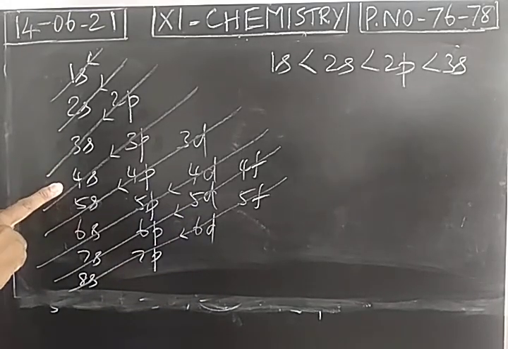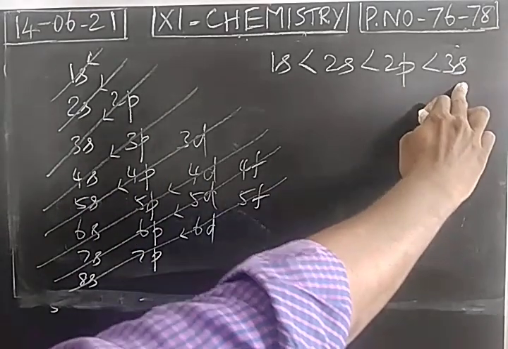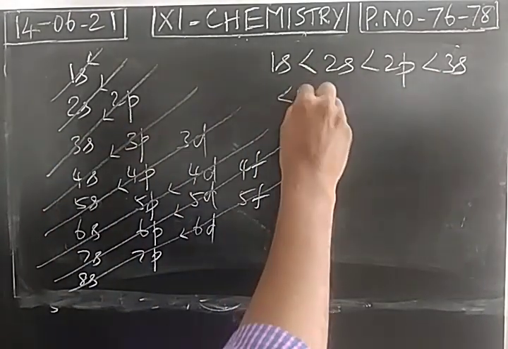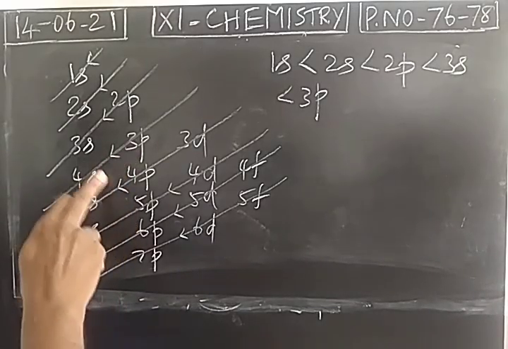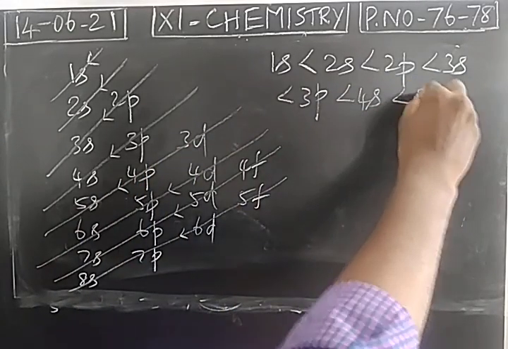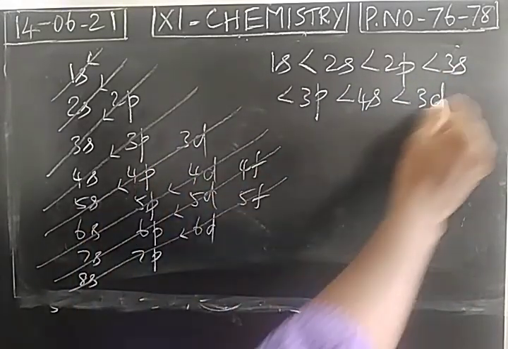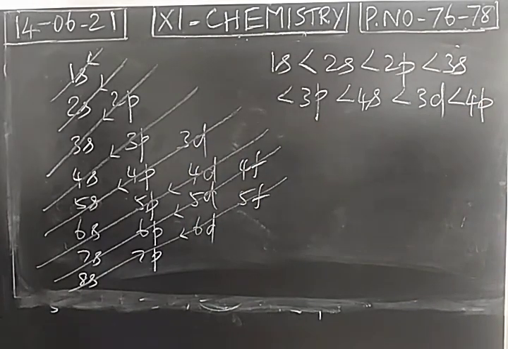After 3s, don't write it as 4s. You have to complete 3p, then 4s. So comparing 3s orbital, 3p orbital has more energy, then 4s, then 3d, then 4p. You check the order. Is it following the general trend? No. So there are exceptions.